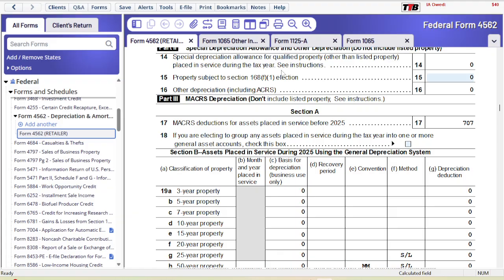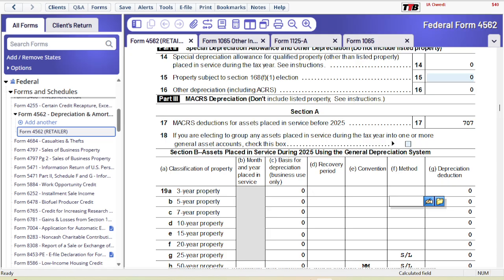So by default, it might try to take the highest depreciation for you to decrease your profit. And if it flows all the way down to the depreciation section, chances are it's going to take the highest depreciation for you as well.